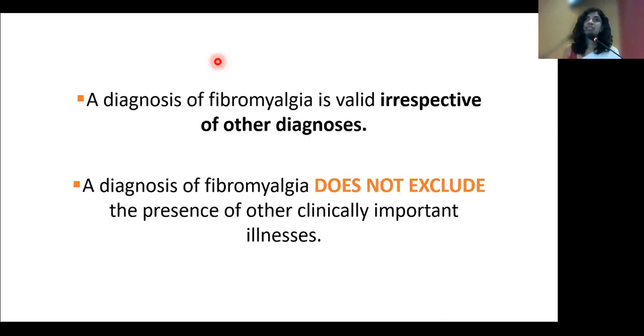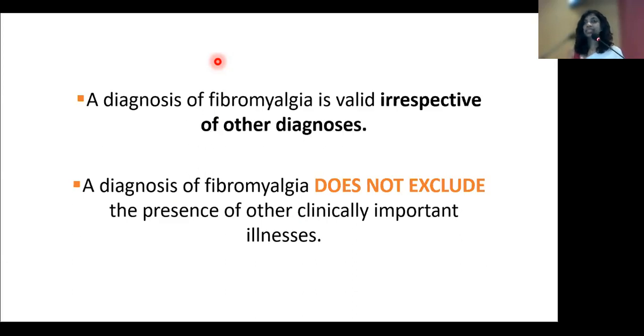So irrespective of any other diagnosis, a diagnosis of fibromyalgia is valid. If you go through the previous classification criteria, it says that the pain cannot be explained by any other cause. If there's no other explanation, you go for a diagnosis of fibromyalgia, but that has gone out now. Even a person who has other reasons which could cause pain can have fibromyalgia.